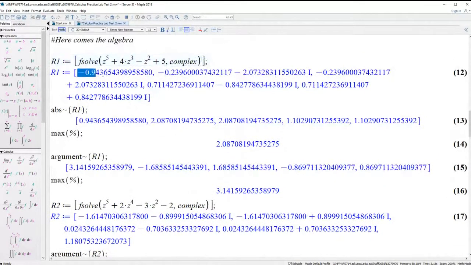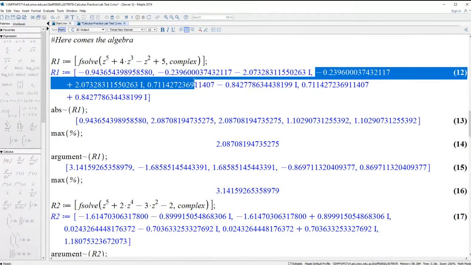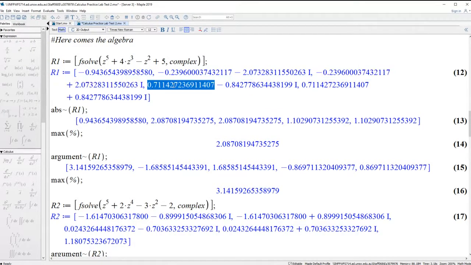All right, so you can see Maple has calculated 5 roots. They're going to be in conjugate pairs or just real valued. And then the challenge is, we want to find the root with the biggest modulus here. So what I've done now is, on that list R1, let's calculate the moduli of each one of them.